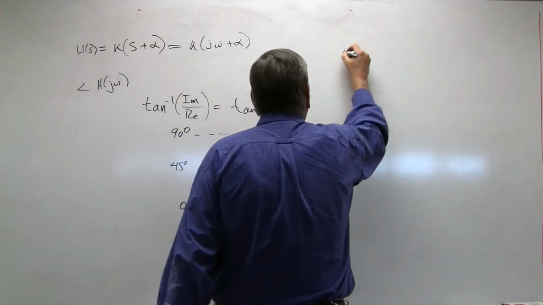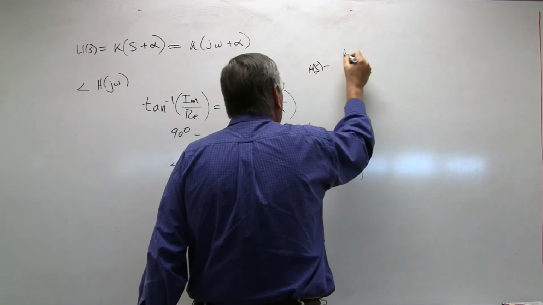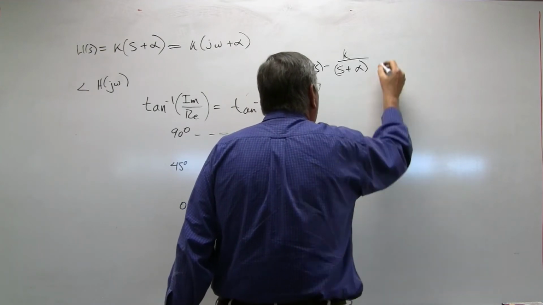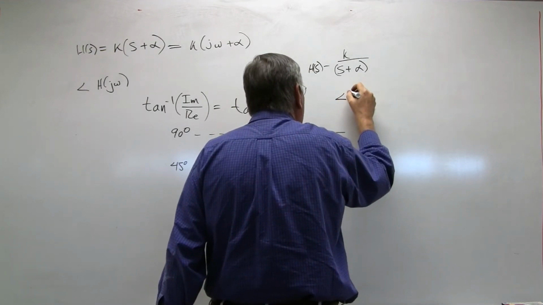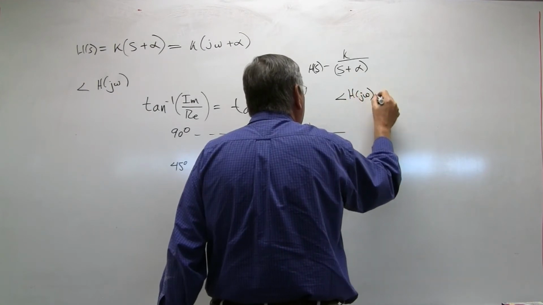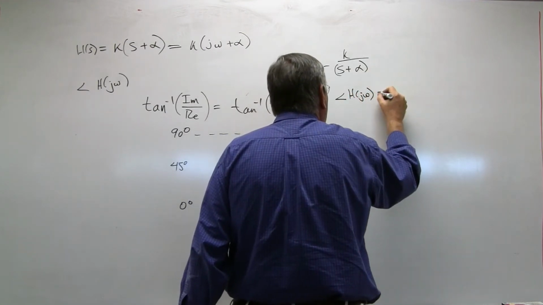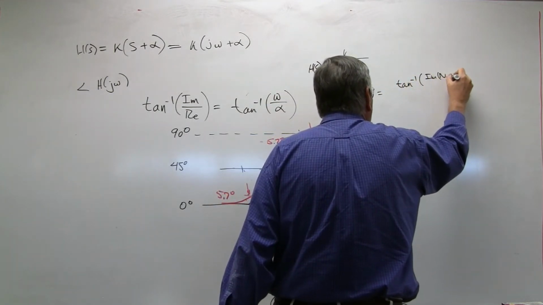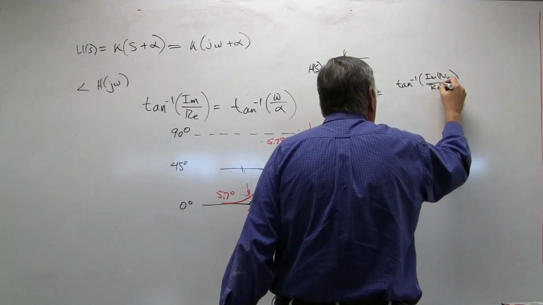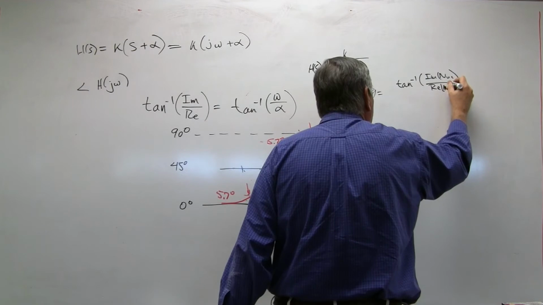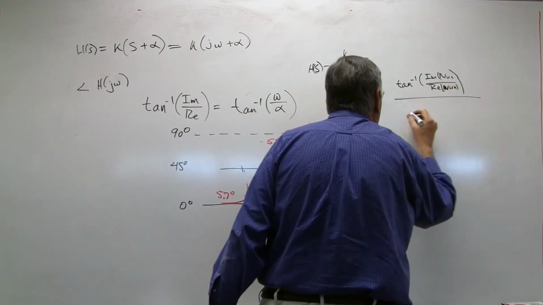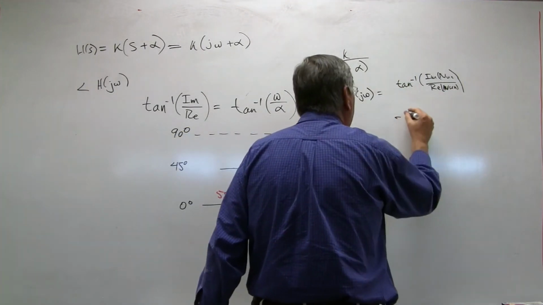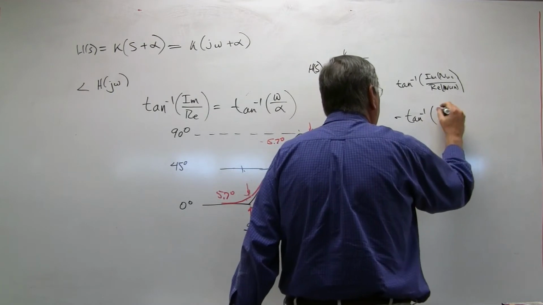If we do this for a pole, so we have H of s equals k divided by s plus alpha, and we want to know the phase of that, then the angle associated with H of j omega in this case, you can actually show that in general it is the inverse tangent of the imaginary part of the numerator divided by the real part of the numerator, minus the phase of the denominator.